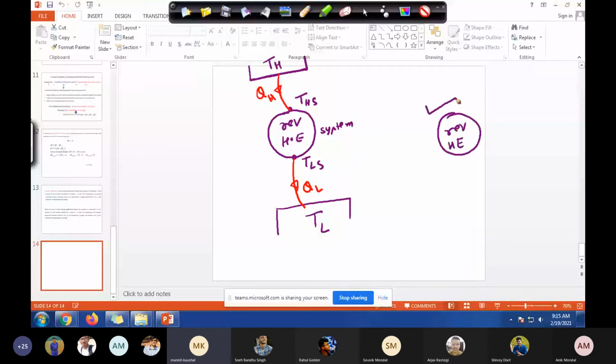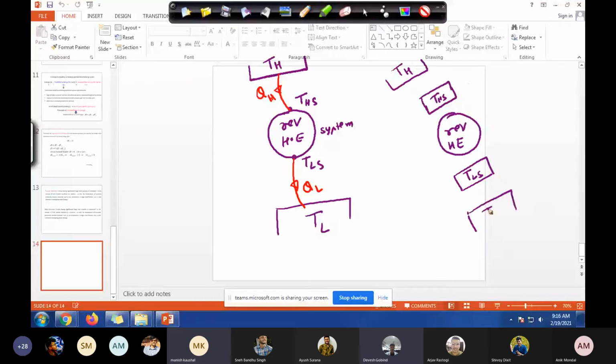I'll put a thermal reservoir at THS, and TLS, and TH. So this is also roughly THS. Both are equal. So both are same.